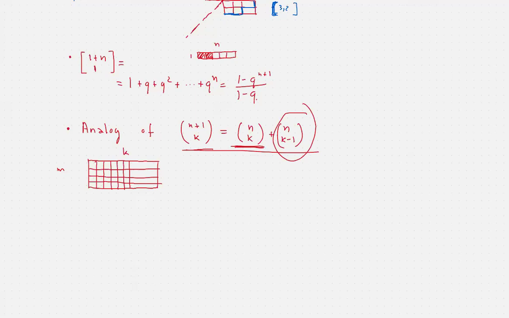So here we would like to consider, let's actually discuss this in terms of paths. We would like to consider all the paths that go from the lower left corner to the upper right corner and split them into two categories: the paths that take the first step to be vertical, and the paths that take the first step to be horizontal.